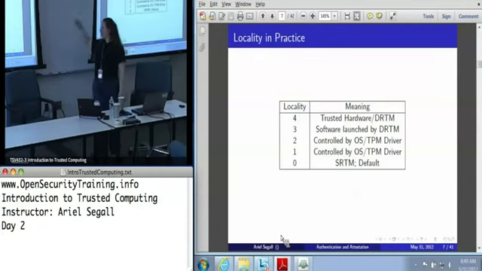So when you start turning things back on, you get into the OS portion of the program. Now the thing is, the TPM driver, whether it's controlled by the OS or a separate piece of software, is pretty much what determines whether you're operating in locality 2 or locality 1.